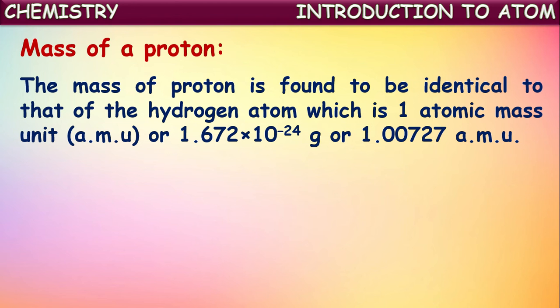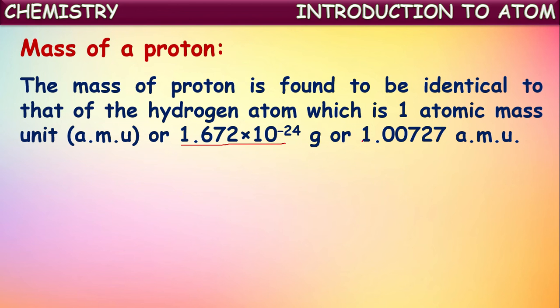So the mass of proton in grams is taken as 1.672 into 10 to the power of minus 24 grams, or 1.672 into 10 to the power of minus 27 kgs. That also we can take. But in atomic mass units, to say accurately, it is equal to 1.00727 atomic mass units.